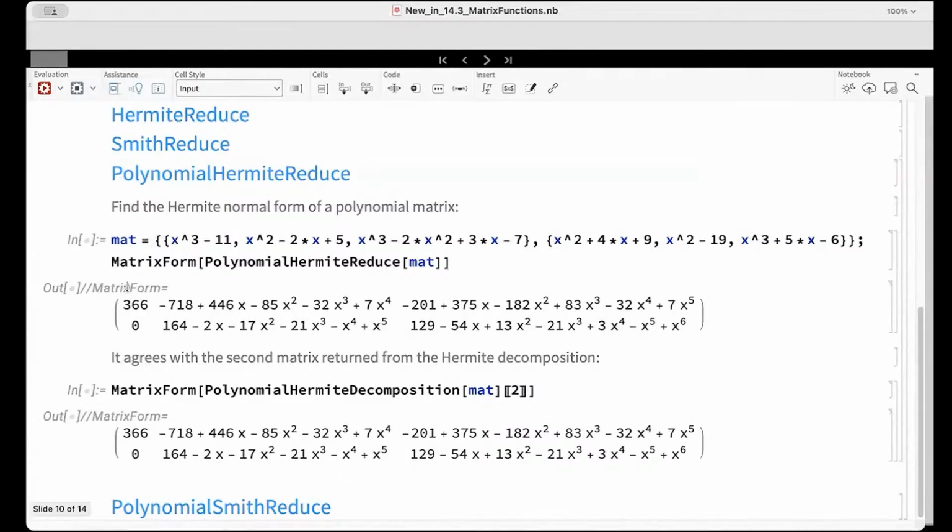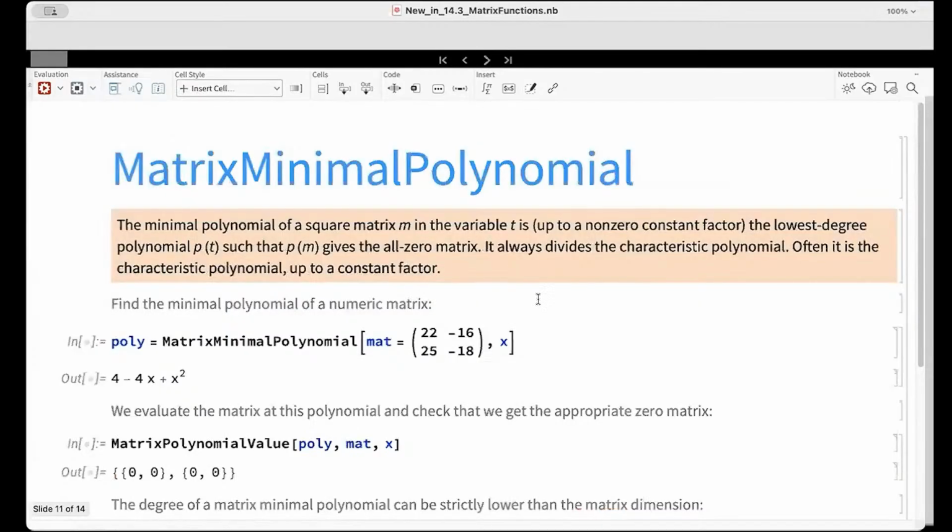And the matrix normal form for this matrix is, well, here it is. And we just show that you get the same from the Hermite decomposition, taking the second element.